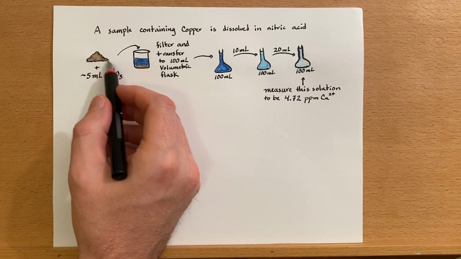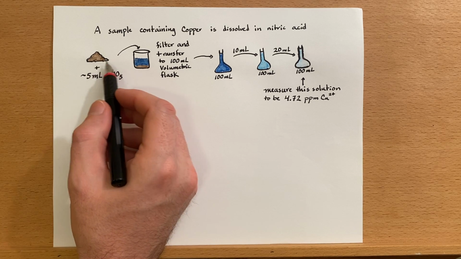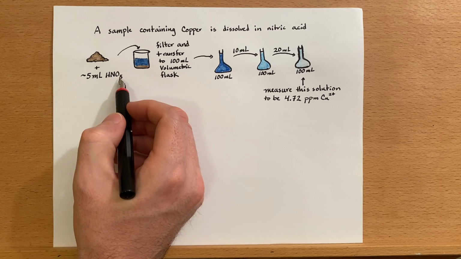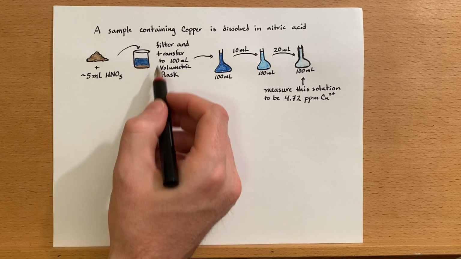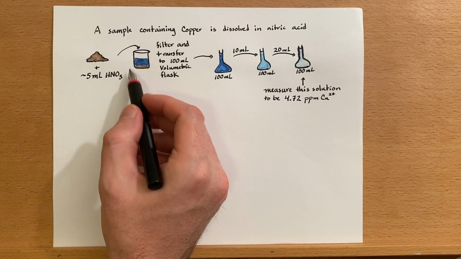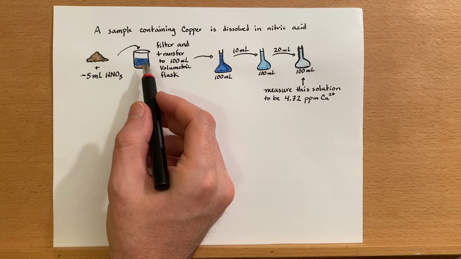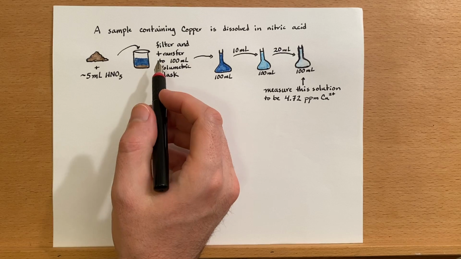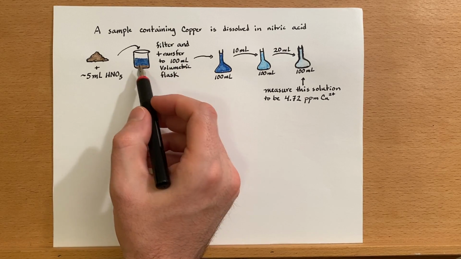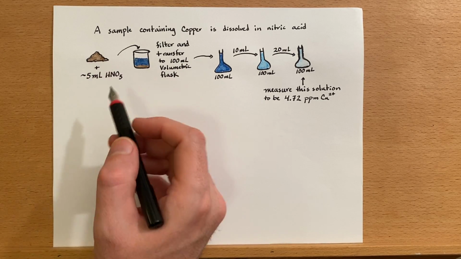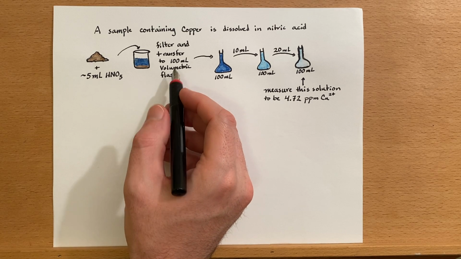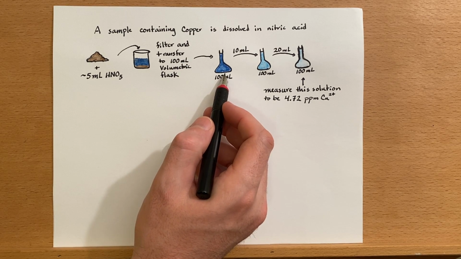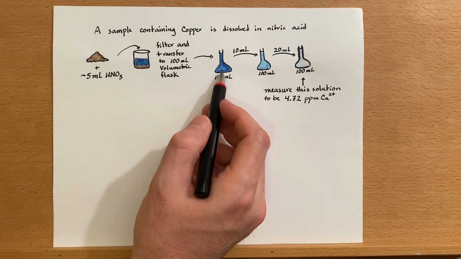Say we have some soil sample here, we put it into our flask, we add our nitric acid to it, and we get it all dissolved. We may add a little bit of water after the reaction has happened. We'll filter that to remove whatever other material is in there, and we'll transfer that into a 100 milliliter volumetric flask and dilute it to the mark.